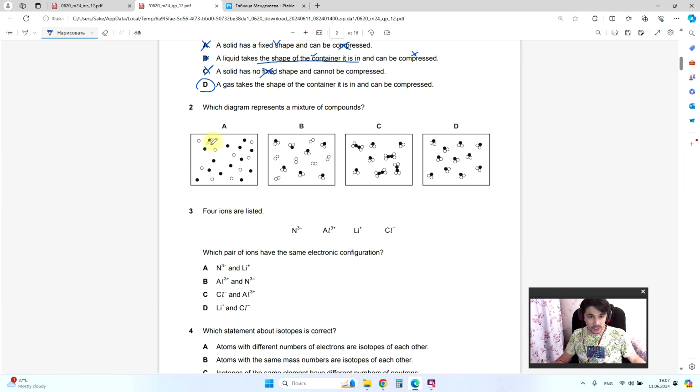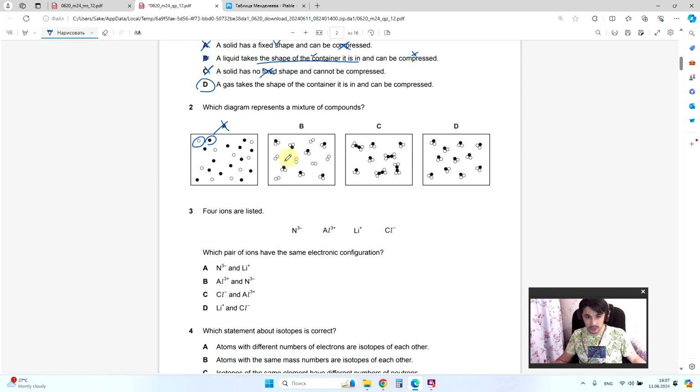So look at option A. We see black and white dots. So they represent two types of atoms or two types of elements not combined with each other. So it's a mixture, yeah, but it's a mixture of elements, so it's not our option.